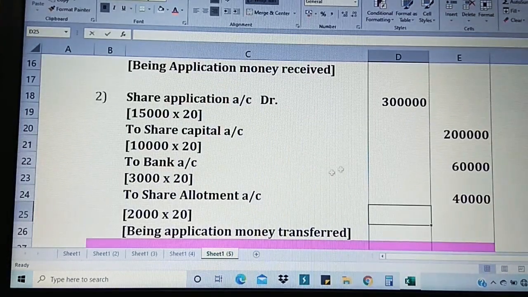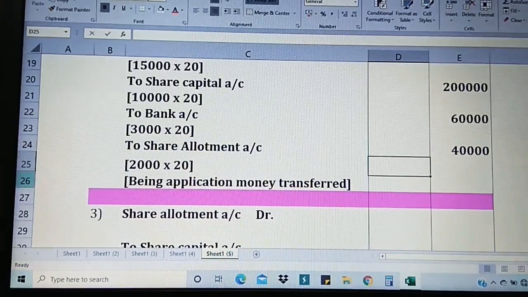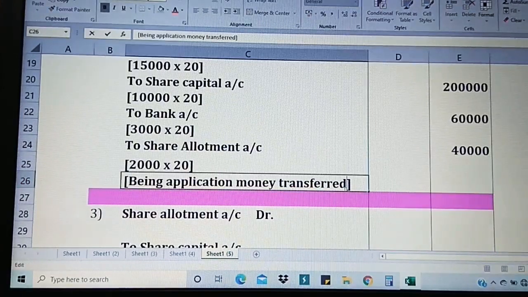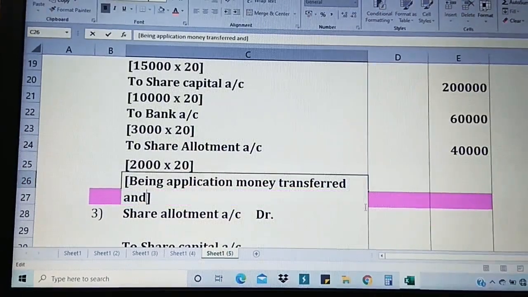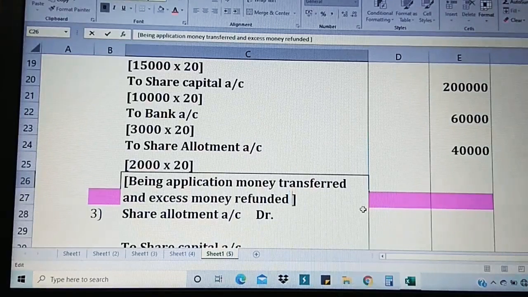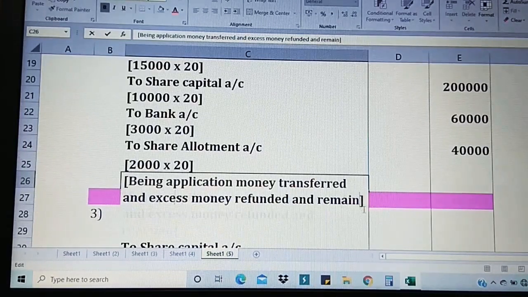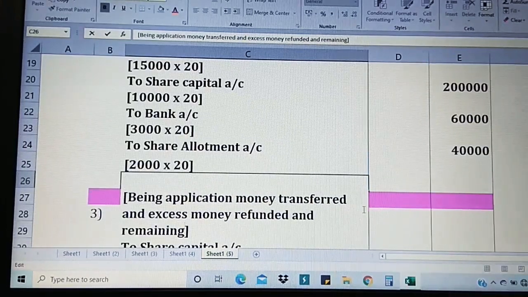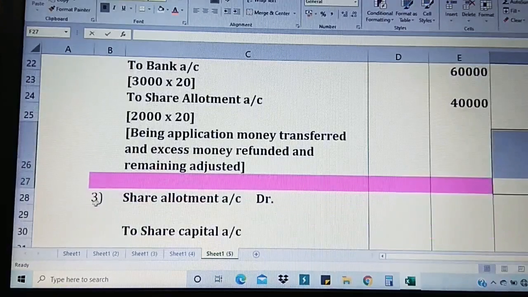Okay, now being application money transferred, and excess money refunded and remaining adjusted. Yes, we have done the entry. Now let us move on to the next, the third, allotment.